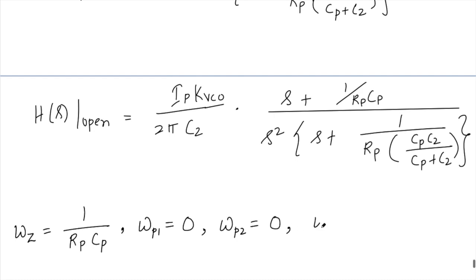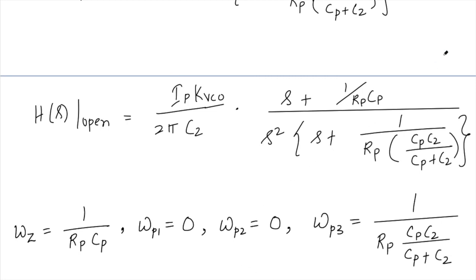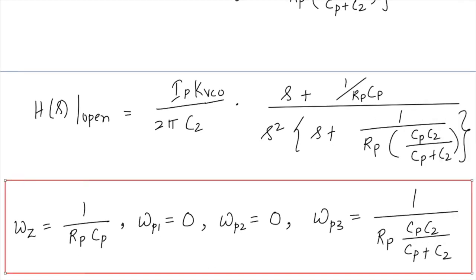And my third pole is located here, which is 1 by RP into CP C2 by CP plus C2. Okay, so this is an important parameter that we should remember in terms of solving a type 2 PLL.